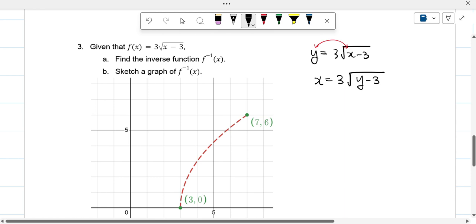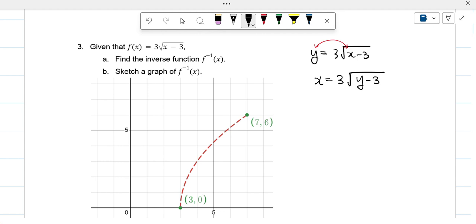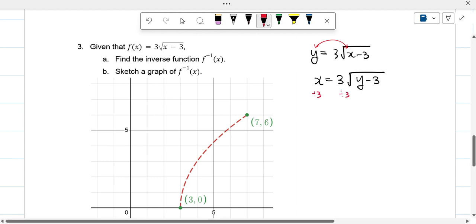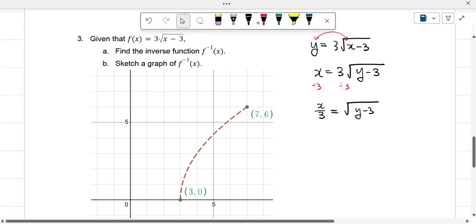Now, the process is to isolate y. So let's do it step by step. I'm going to divide by 3 on both sides. And then I'm going to square both sides.